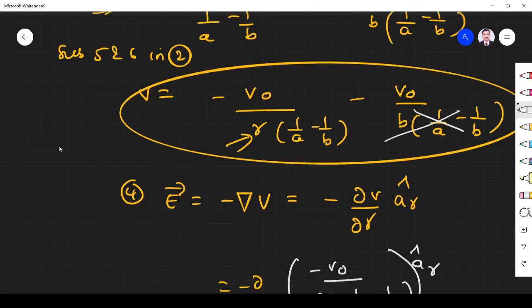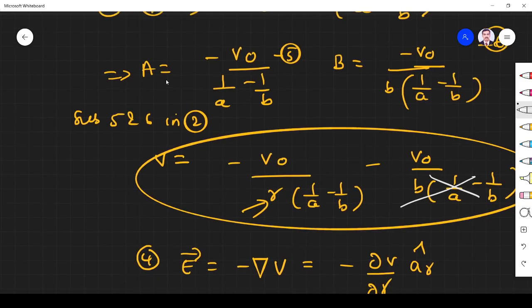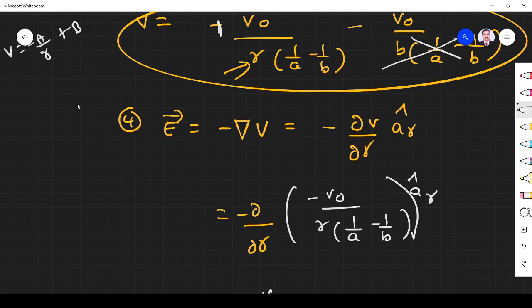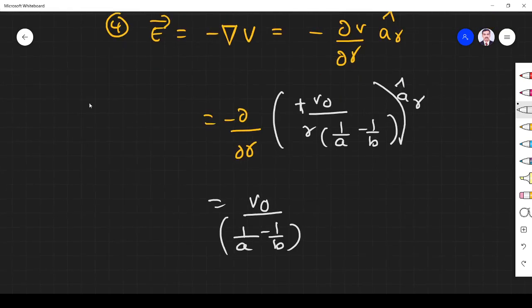So A is minus A by r. Here also, V is minus A by r plus B. A is minus V naught. So if I put minus, it will become plus. Sorry, so plus V naught. So it will be minus 2 plus V naught. Right? This will be plus V naught.